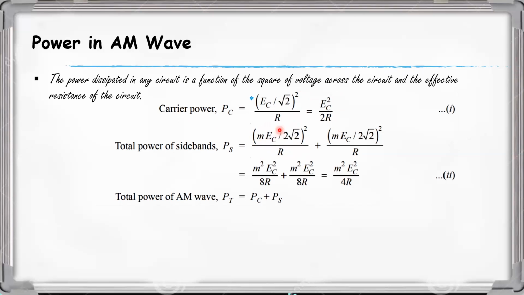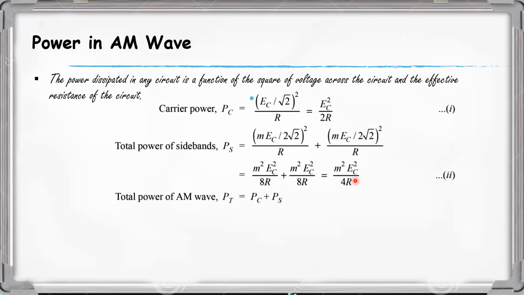Then MEC divided by 2 root 2 whole square divided by R, plus, for the lower sideband, MEC divided by 2 root 2 whole square divided by R. Then it becomes M square EC square divided by 8R plus M square EC square divided by 8R. Then a total gives M square EC square divided by 4R.